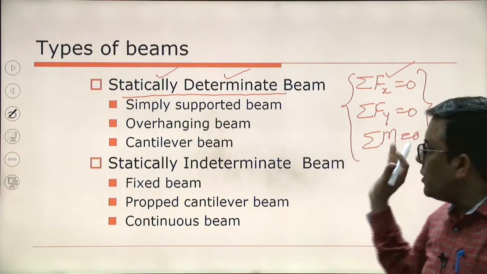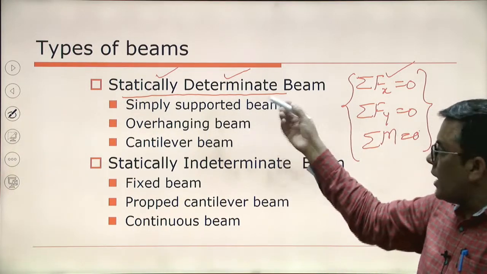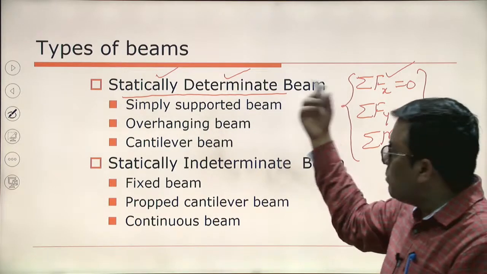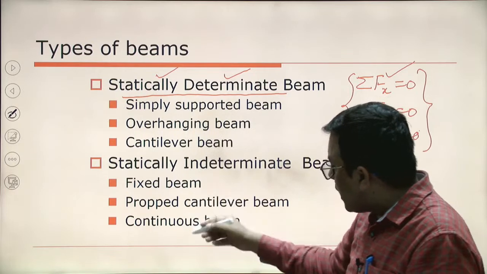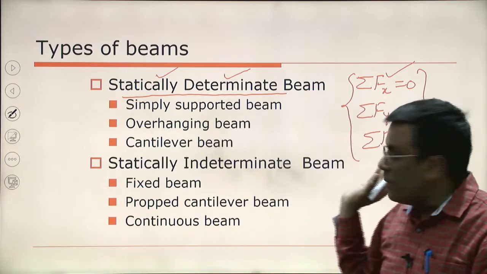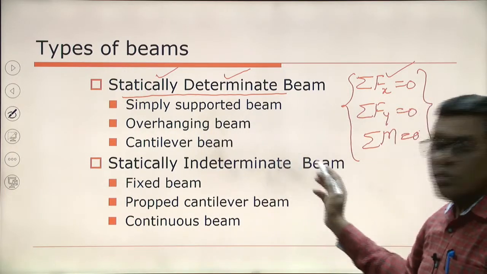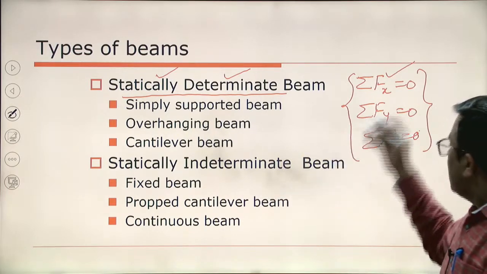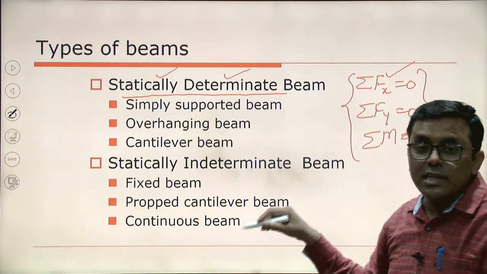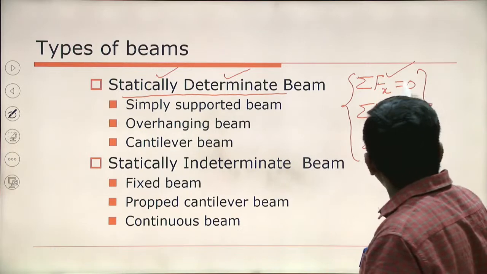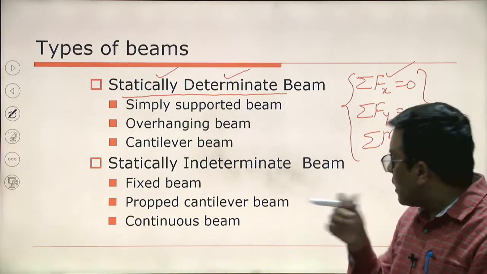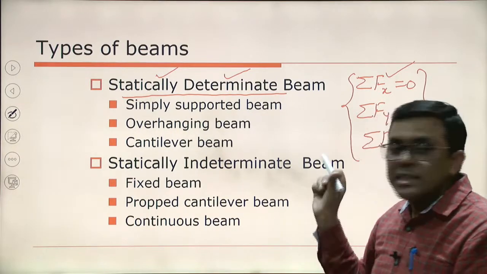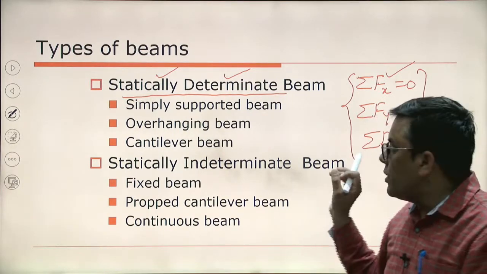So, statically determinate beam. In the next slide I will explain why simply supported, overhanging and cantilever beams are statically determinate and why others are statically indeterminate. And statically indeterminate is obviously the opposite: if support reactions can't be found with the use of these three equations only, then the beam comes under the category of statically indeterminate beam.